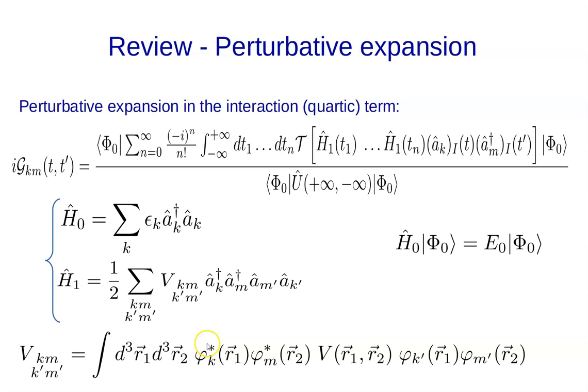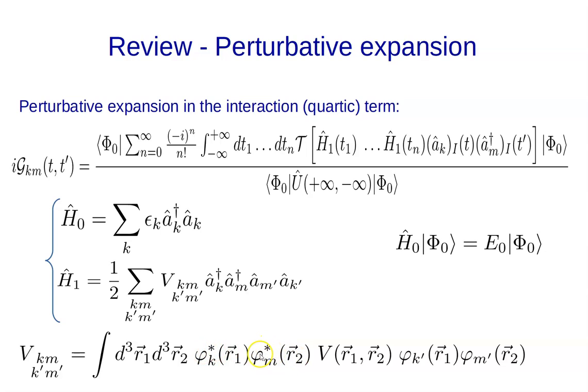Meaning that if you have orbitals in real space associated with these states K, M, M prime and K prime, this is the integral over coordinates R1 and R2 of phi K, the orbital at state K, position R1, orbital at state M, position R2.